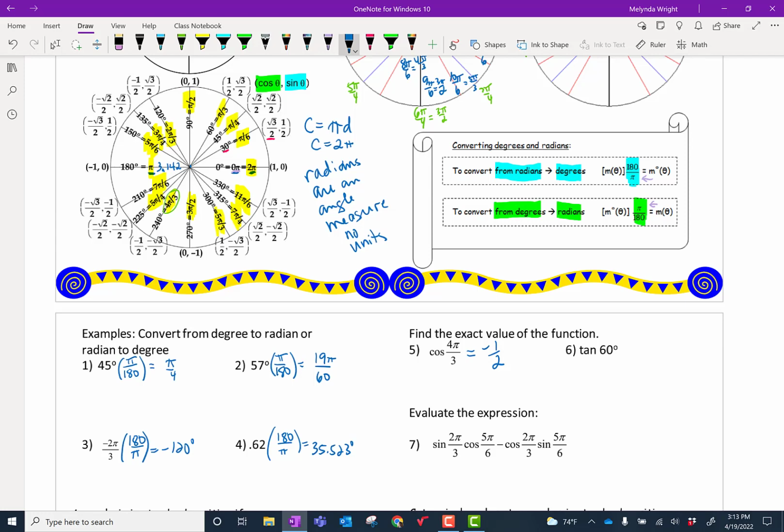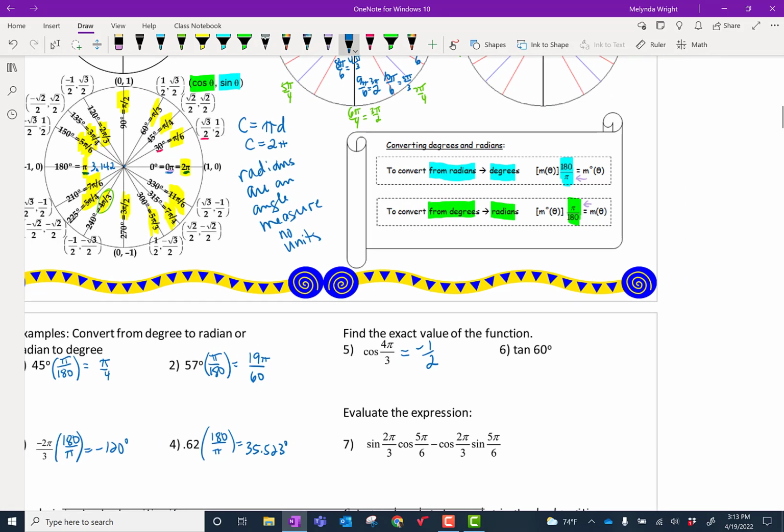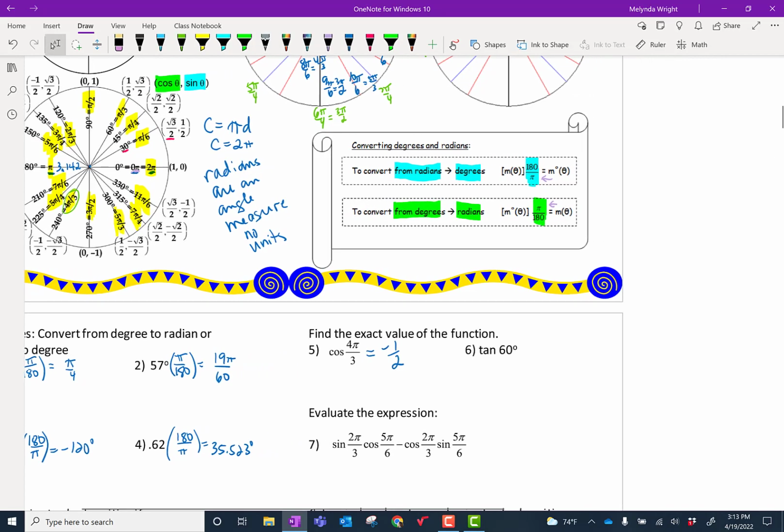Now, if you notice, tangent is not on the unit circle. It's just sine and cosine. But let's remember, there's a relationship. Tangent of theta is equivalent to sine of theta over cosine of theta. That's a trig identity.